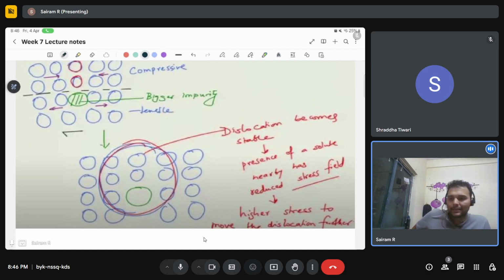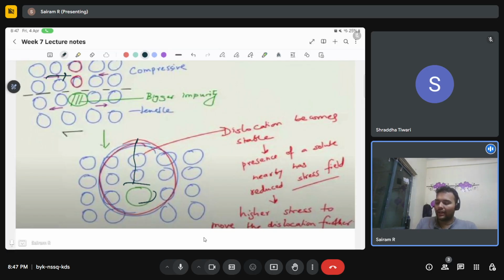The next thing is, if I have a line dislocation and if I have something like an interstitial atom or a substitution atom which is creating a deformation, then when this line deformation passes through and comes in contact with this, it is going to be settled along my edge dislocation, and this is going to form a very stable dislocation, right?